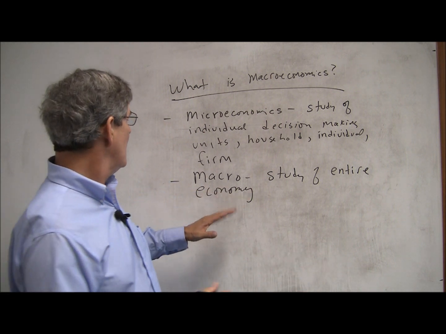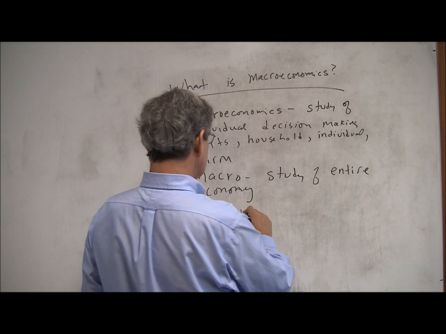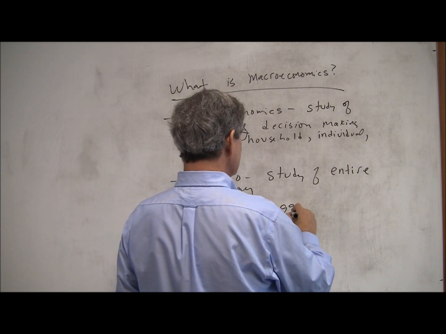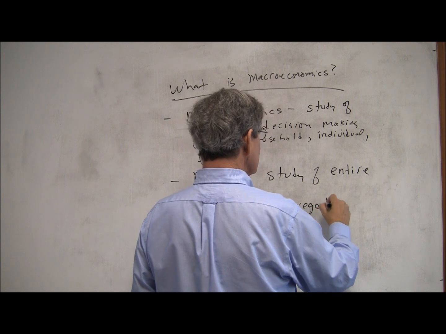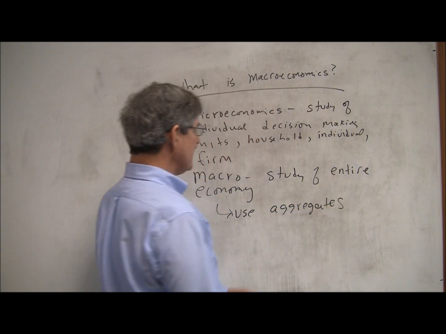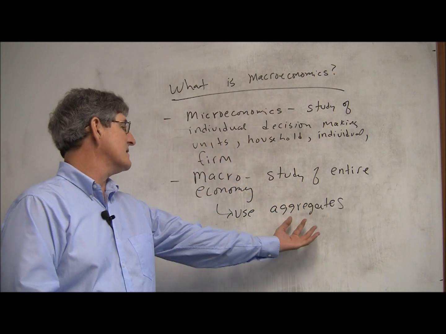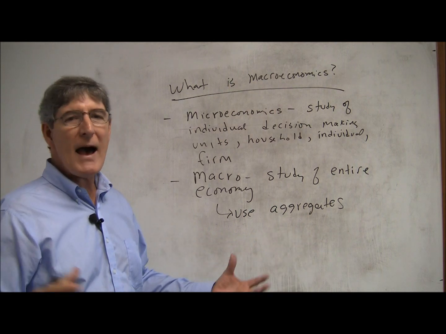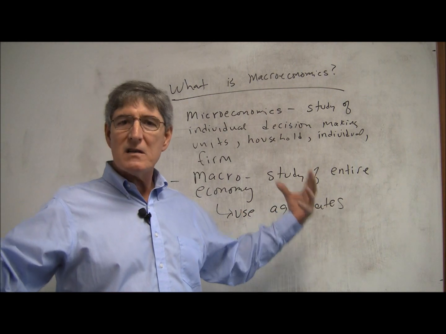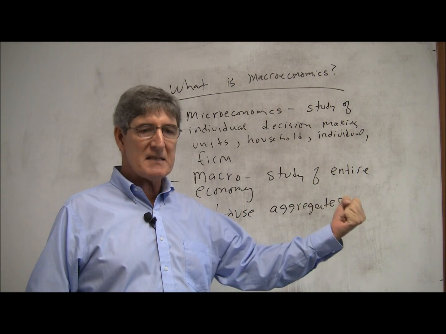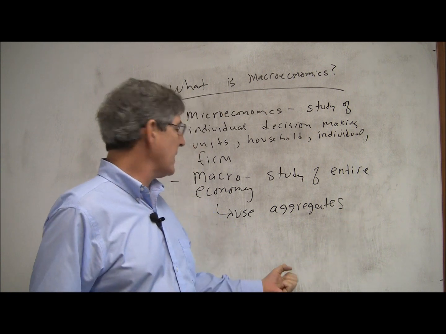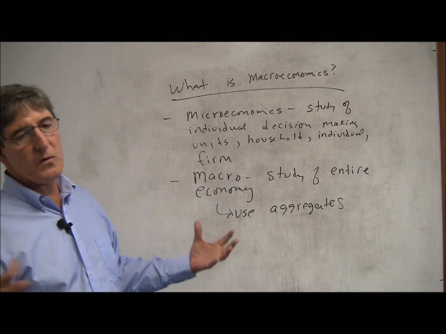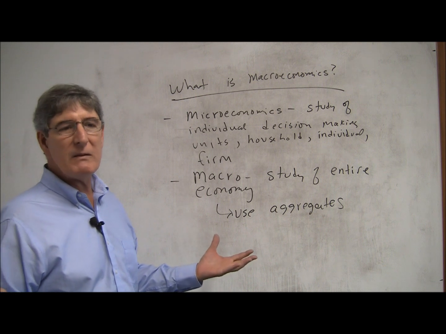And for that, we use aggregates, averages, or totals across the economy. So the total output of goods and services is GDP. So we're going to somehow add up apples and oranges into one big number that says this is output for the US. We're going to say here's the average price of all those goods in the US. We're going to do the same thing with interest rates.